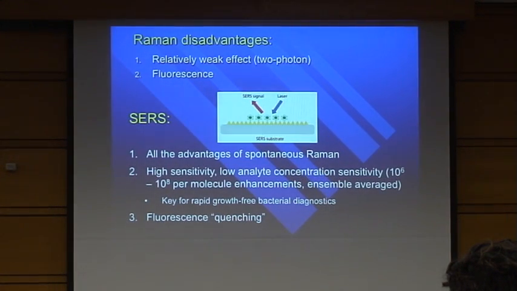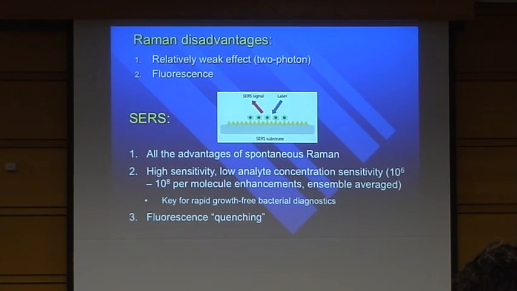There are, of course, some disadvantages with spontaneous Raman. It's inherently a weak effect because it's a two-photon phenomenon, light in, light out. And furthermore, fluorescence can be a problem. So surface-enhanced Raman spectroscopy, which I suspect everyone here has heard of, has, of course, all the advantages that I just described for spontaneous Raman spectroscopy. But in addition, it offers high sensitivity that allows you to look at solutions or biological fluids and analyze for low analyte concentrations.